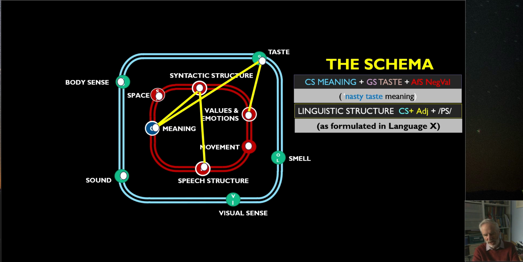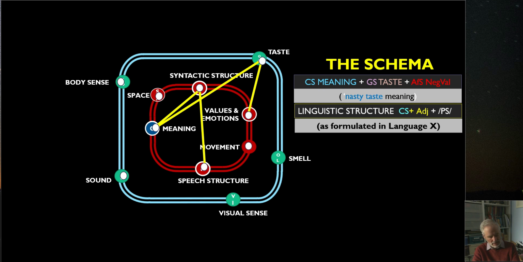But we don't know what language the word is yet. But what we do know is that we've got some kind of way of expressing it, at least internally in our thoughts. Whenever that taste is thought about, then a syntactic structure and a phonological structure come to mind.